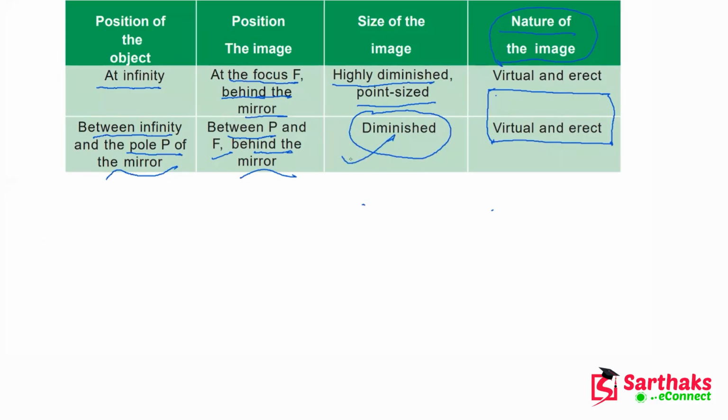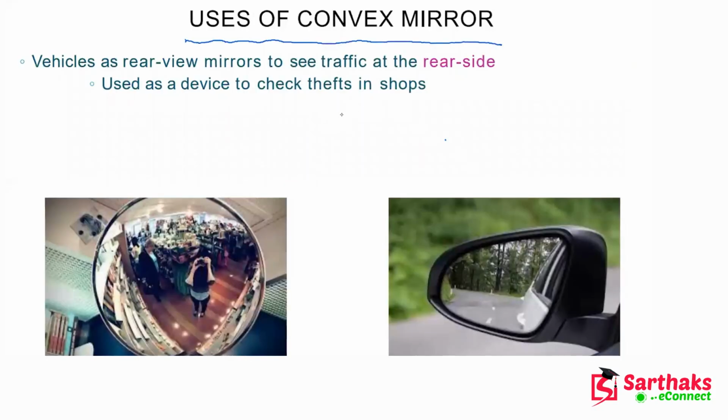It is very small as compared to the actual size. And when you place the object at infinity, it is very, very small. So that's why we can use this mirror when we have to cover a large area. Because the images are small here, in the same space it can cover more objects.